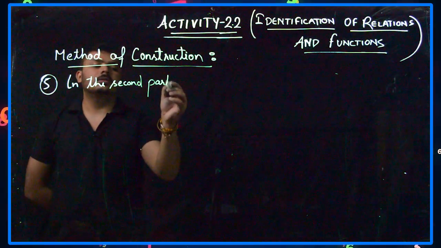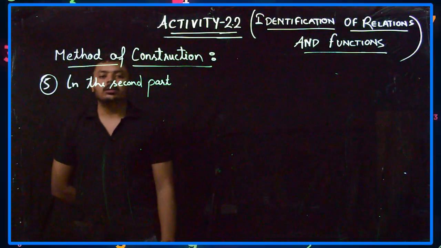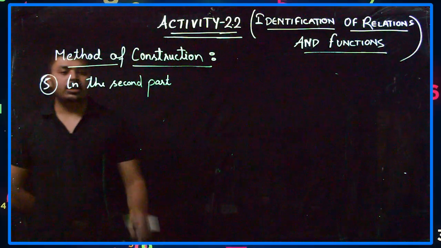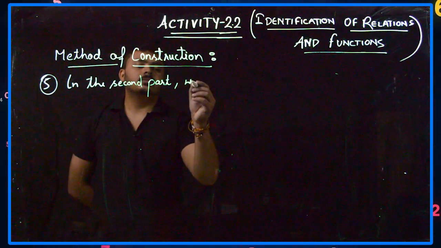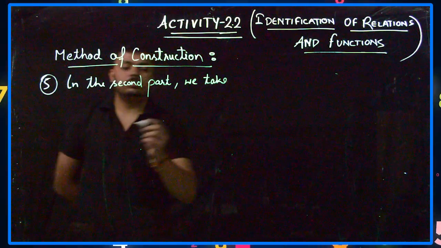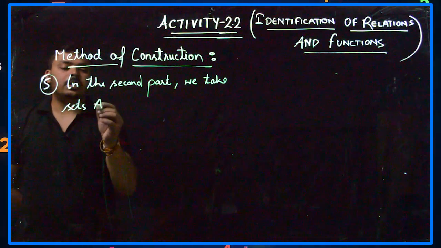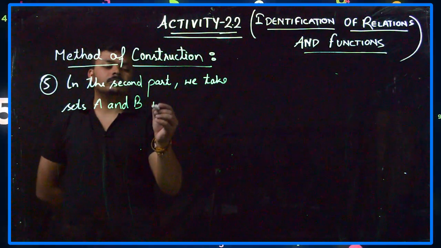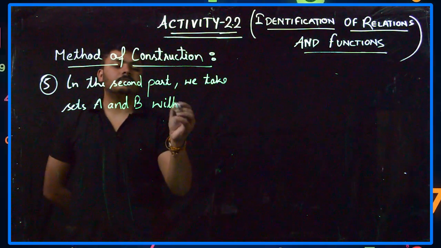In the second part, we have divided the chart paper into 4 equal parts. Now the first part we have done in the previous 4 steps, and now in the second part, we take the set A and B with similar elements.